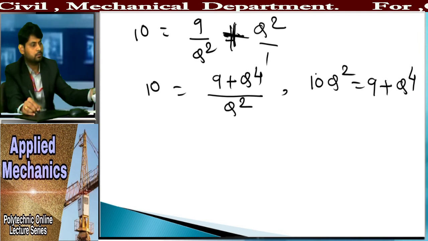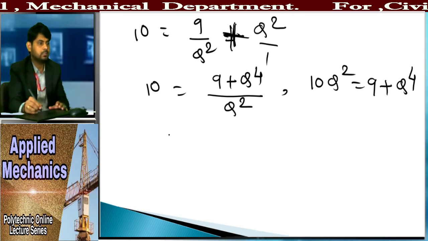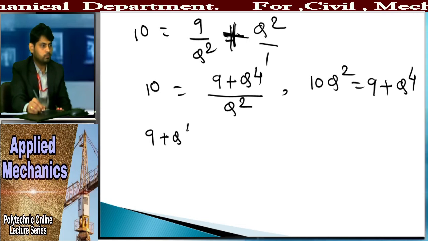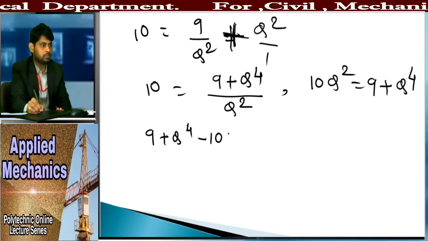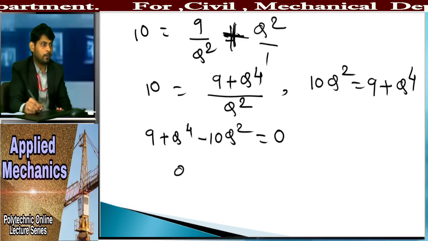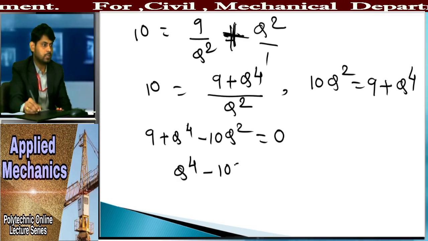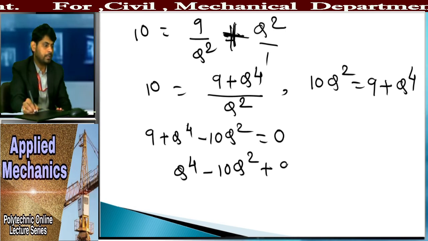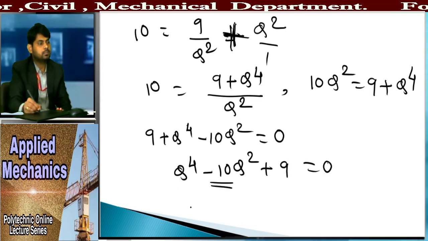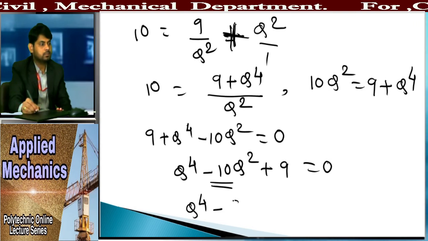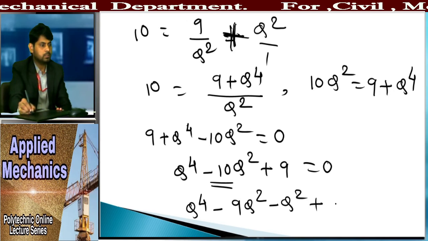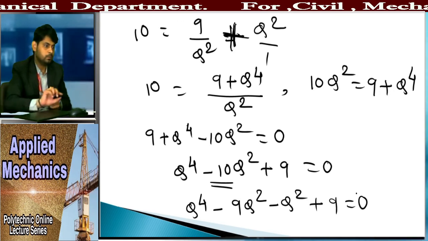After that you can write 9 plus q raised to 4 minus 10 q square is equal to 0. Then q raised to 4 minus 10 q square plus 9 is equal to 0. So you can write this term like this: q raised to 4 minus 9 q square minus q square plus 9 is equal to 0.